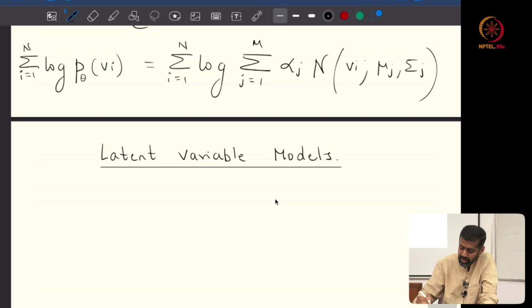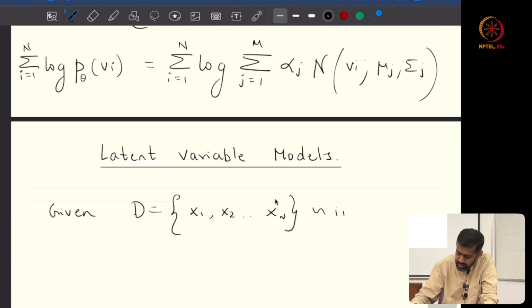Okay, so let's look at it. We are given some set of data, which is a set, as we know, x1, x2 up to xn. These are sampled IID from some distribution. Typically, xi is in some R^d, right.